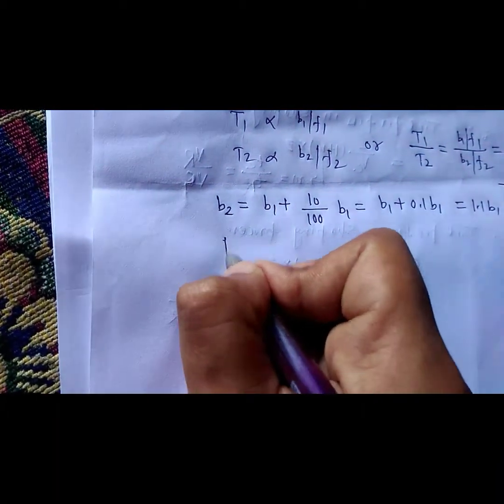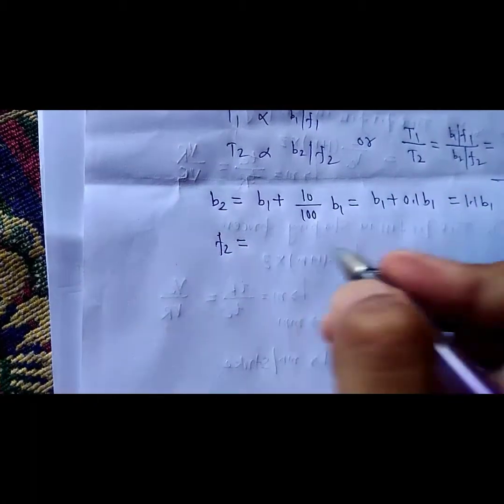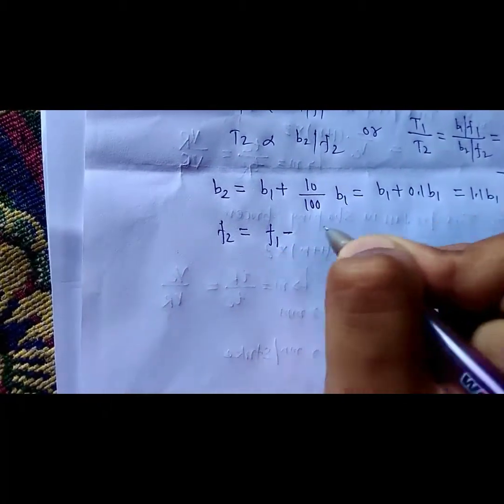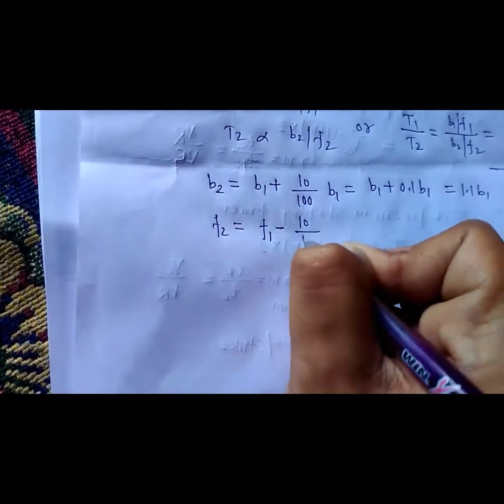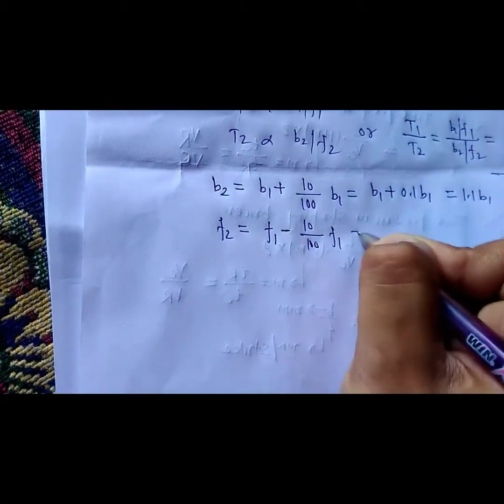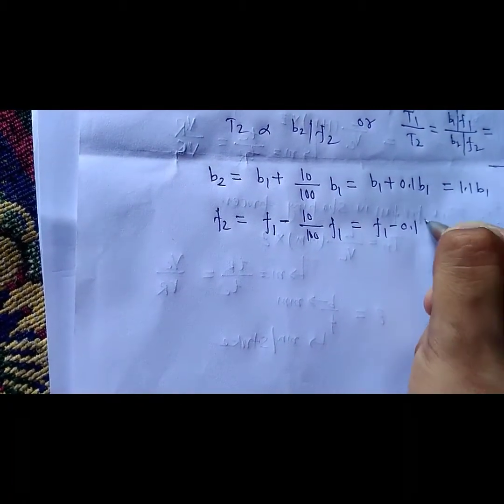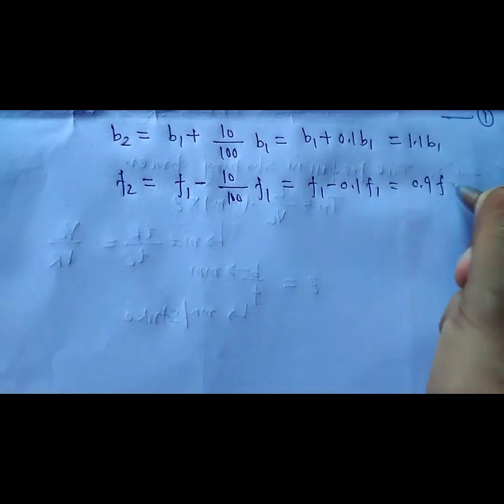And feed F2 is decreasing by 10%, which is equal to F1 minus 10 upon 100 F1. It will be equal to F1 minus 0.1 F1, which is equal to 0.9 F1.